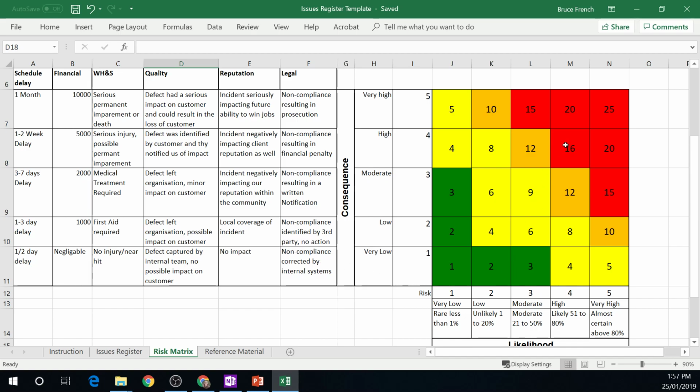Now, as you see, I've got this attached to our issues register, and I've done a different video on how to work an issues register, but we can now apply these ratings of risk into our issues register and go about prioritising these items so that we know which ones are the highest risk to the organisation, and we can go about managing them in accordance with our schedule.